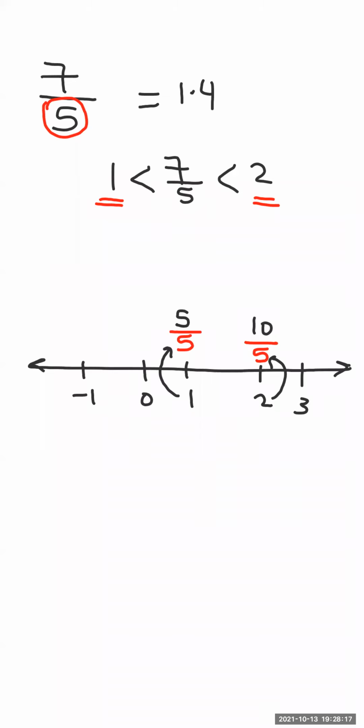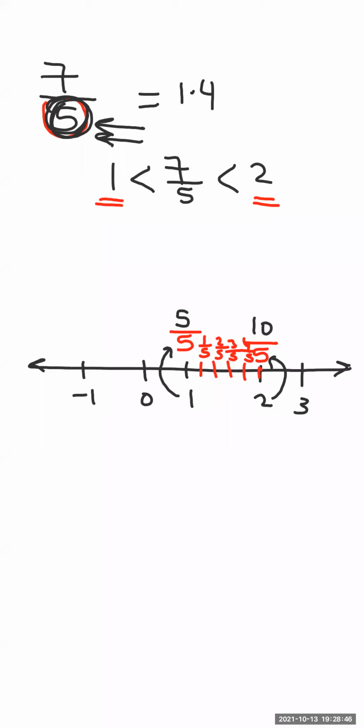Then the next step is to divide the distance between the two numbers into 5 equal parts, because the denominator here is 5. So 1, 2, 3, 4, and the last one will be the fifth part. So the first number will be 1 over 5. The second will be 2 over 5, 3 over 5, 4 over 5.